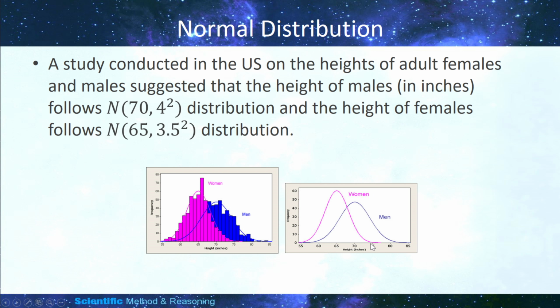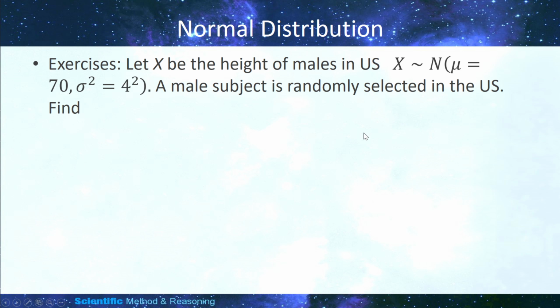That is the meaning of the normal probability of y less than 75. In general, a main assumption in statistics is that we assume the population follows a normal distribution.